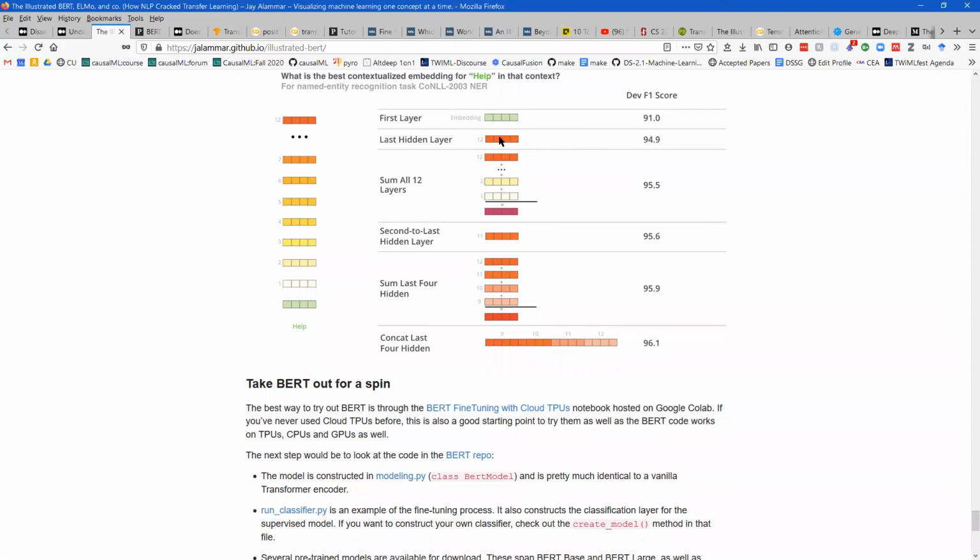the last hidden layer is not so good because it was too. So what I'm trying to say is, I don't know how to put it well. Since it's the last layer, I mean, that's the layer that you use to predict the masked word, right?